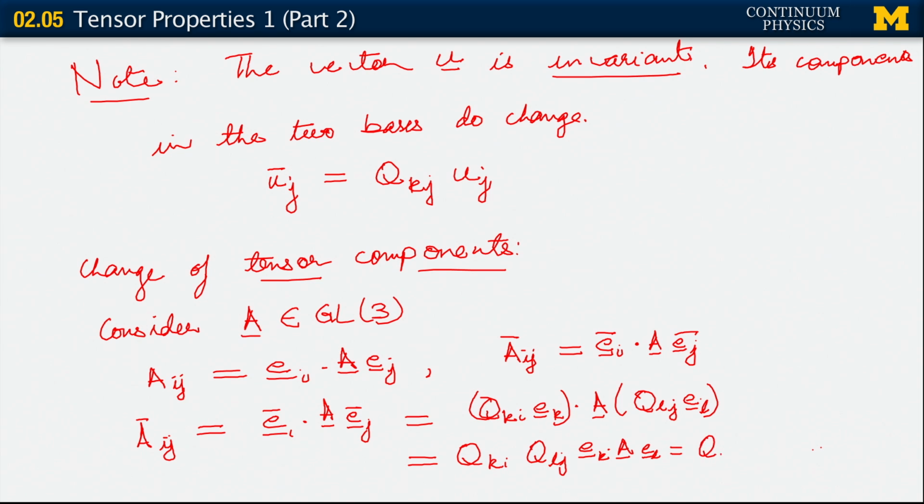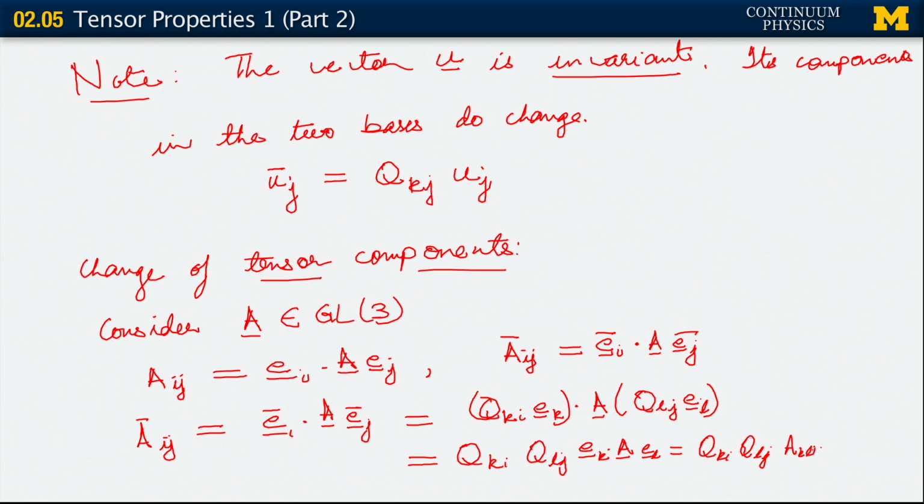It allows us to write it as Q Ki Q Lj, and Ek dot A E L we know is just A KL. That component.